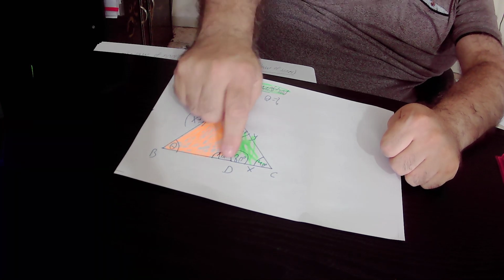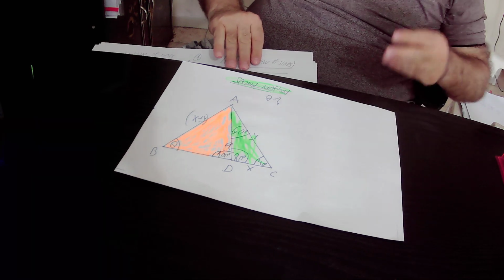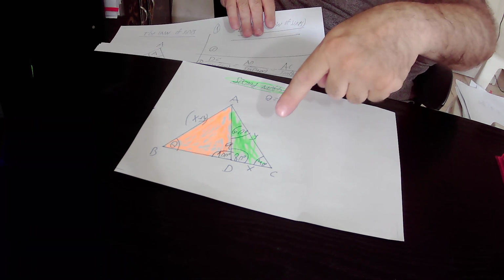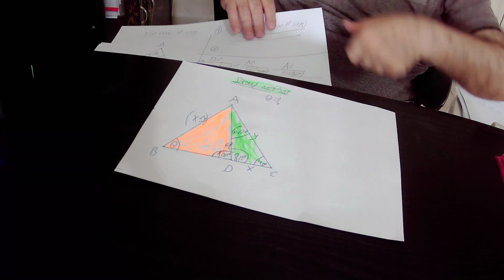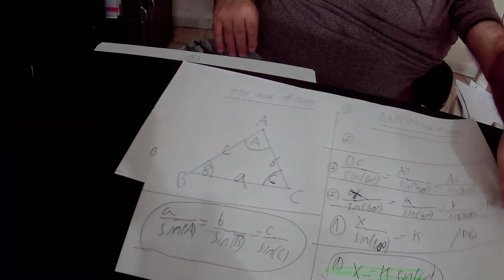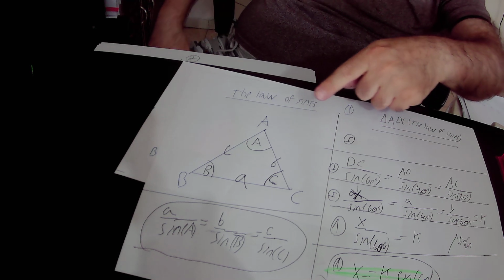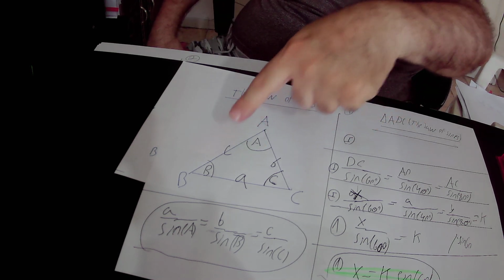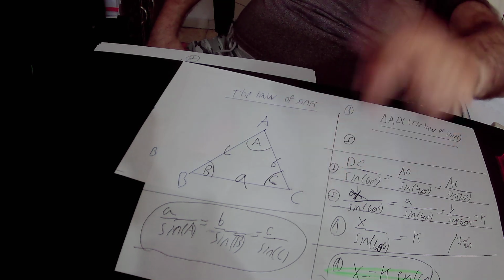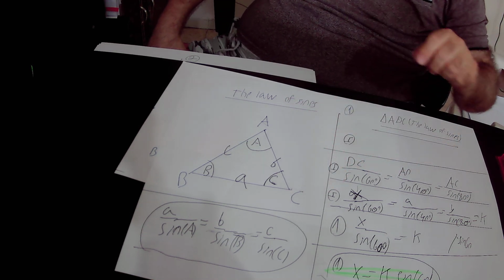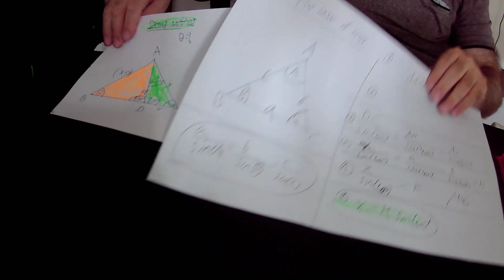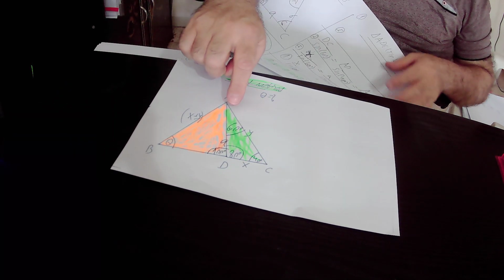Then we define side AD as A, and then I presented to you the law of sines, and we implemented the law of sines in the green triangle and also in the orange triangle. What is the law of sines? In triangle ABC, a over sine A equals b over sine B equals c over sine C. We implemented the law of sines in the green triangle, triangle ADC.